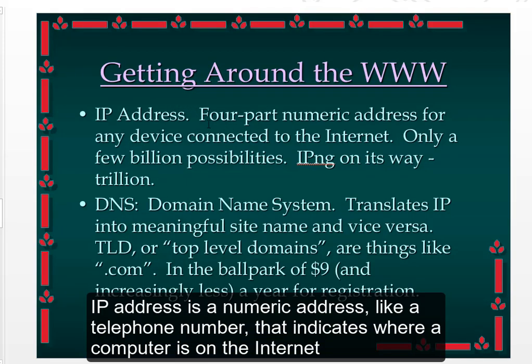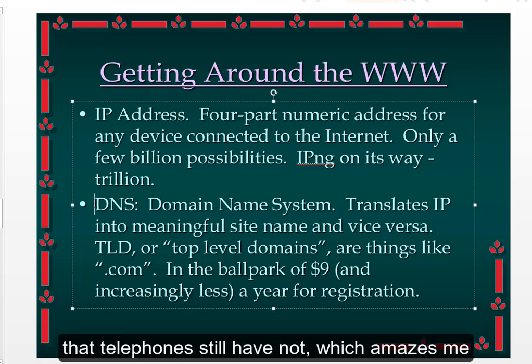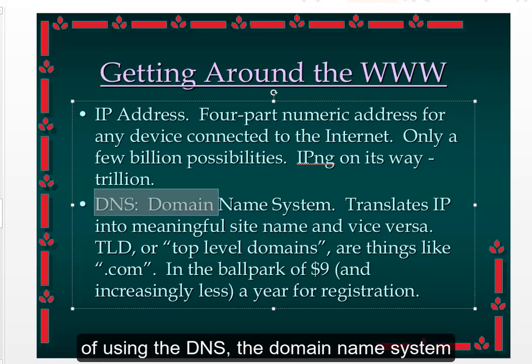An IP address is a numeric address, like a telephone number, that indicates where a computer is on the internet. But in the case of the internet, they went the extra step that telephones still have not, which amazes me, of using the DNS, the domain name system.